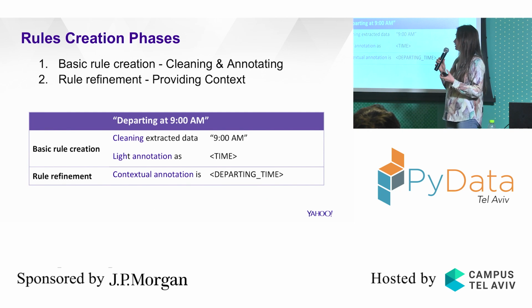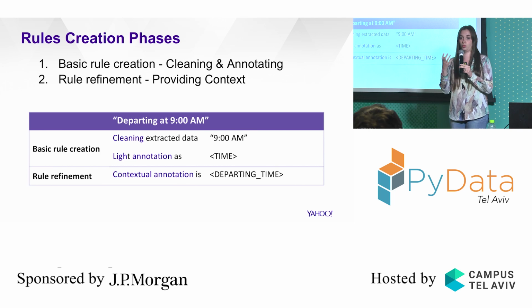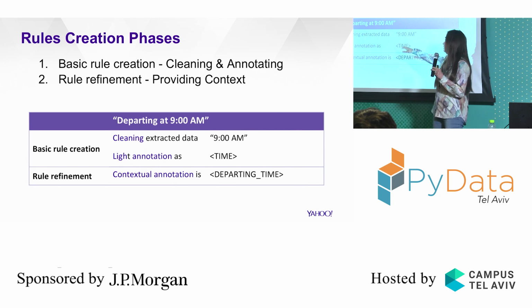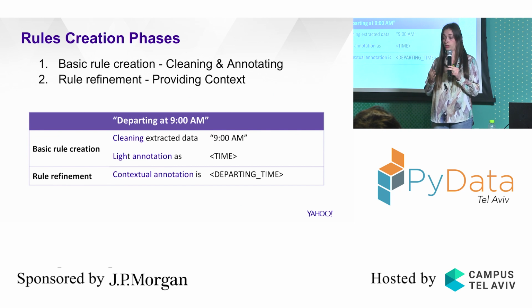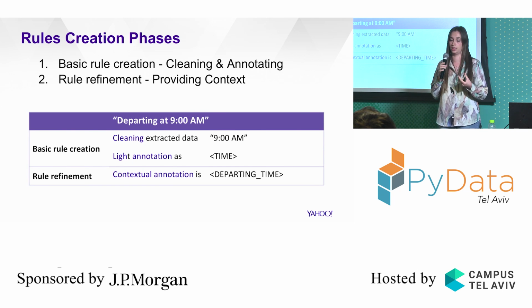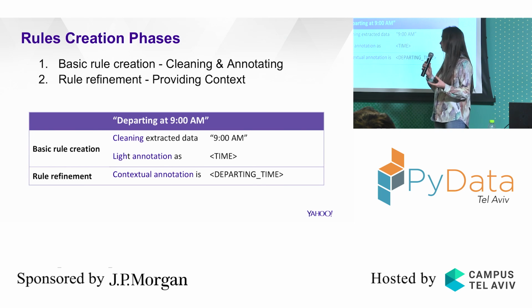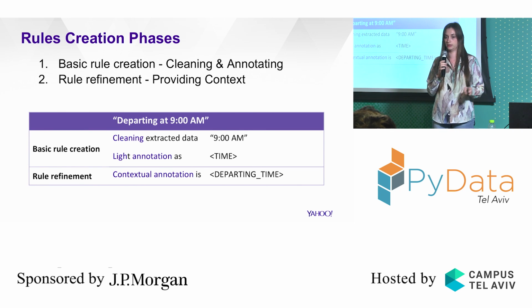We remove "departing at" because the value we want to extract is 9 a.m. And we also associate it with the light annotation time. This is the first step, the basic rule. In the refined rule, we replace the time annotation with a contextual annotation. For this example, it will be departing time, because we are talking about a flight.